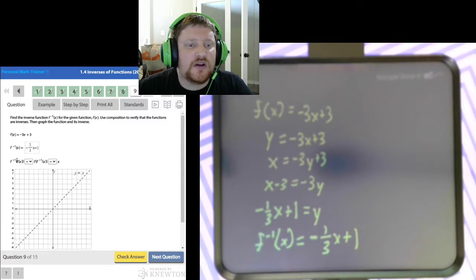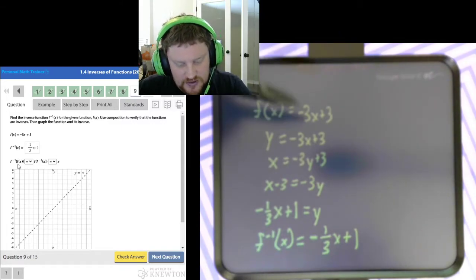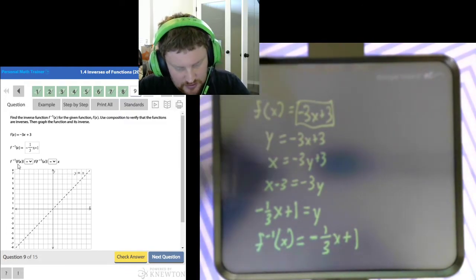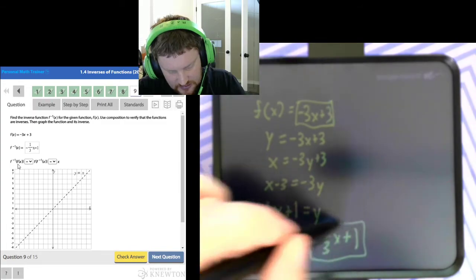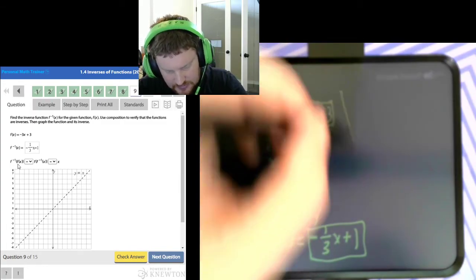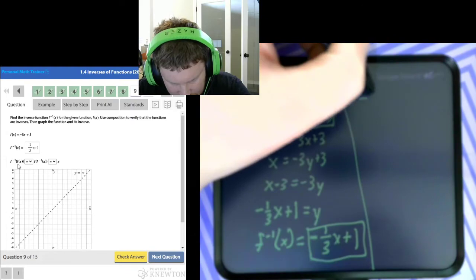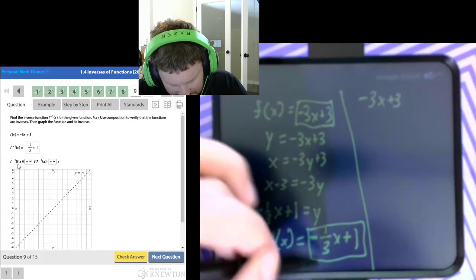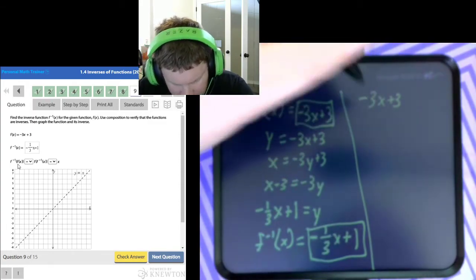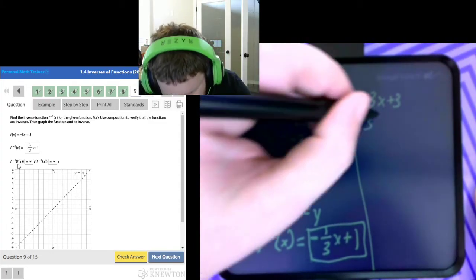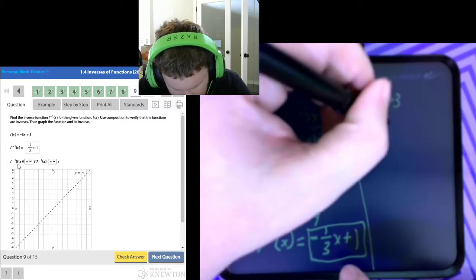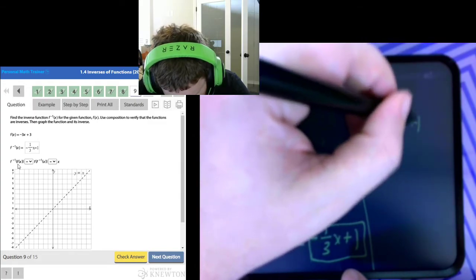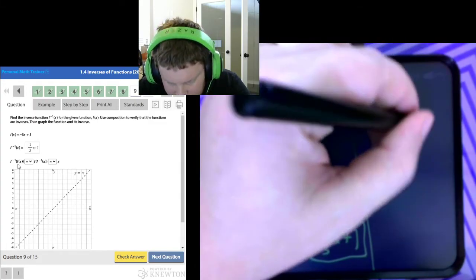They say use the composition to verify, but remember all that means is if I plug this into the equation that I get down here, that I just get out x. So if I have negative 3x plus 3, and then everywhere I see x, I'm going to plug this in. So negative 3 times negative 1/3 x plus 1, plus 3.